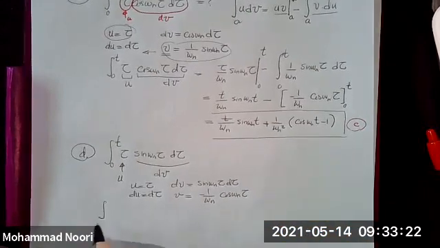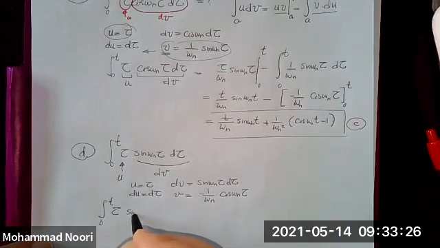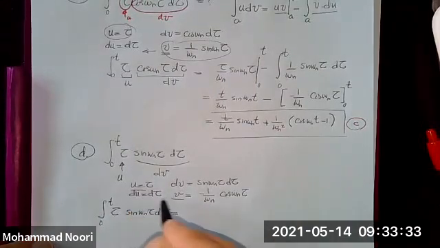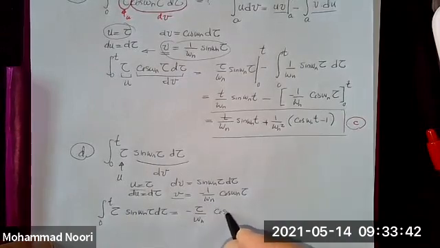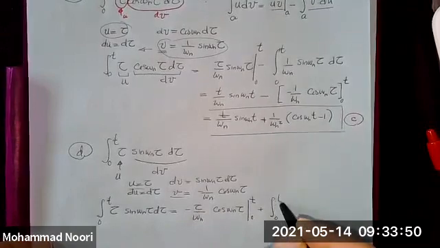The integral of u dv is u times v, which is negative tau over omega n cosine omega n tau from 0 to t, plus the integral from 0 to t of v du.